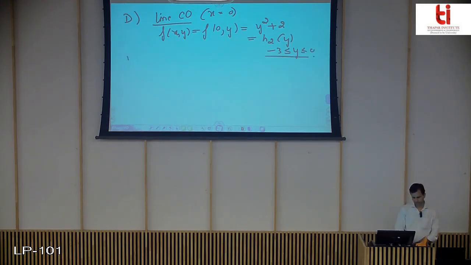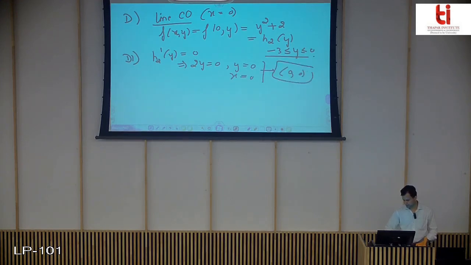So extreme values will exist at the point where h2 dash is equal to 0, which implies 2y equals 0, y equals 0, and x equals 0 is given. So this is the point 0, 0.